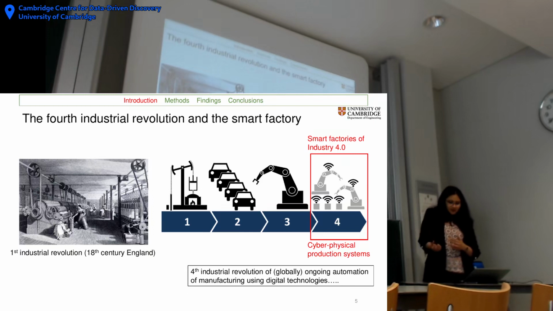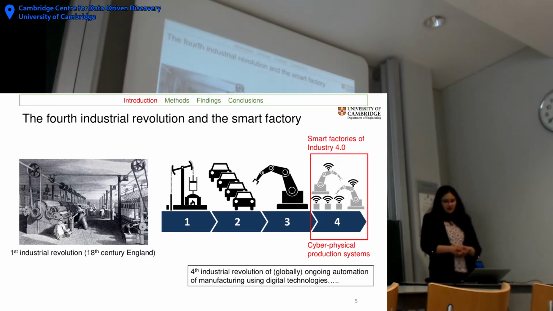This was when the first industrial revolution happened, with the beginning of mechanization. The second one was again very distinct due to Fordism and mass production, as it benefited mostly from the invention of electricity.